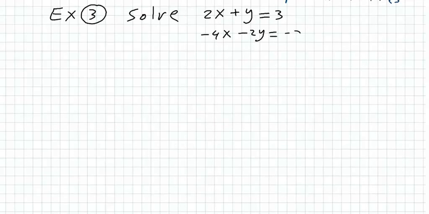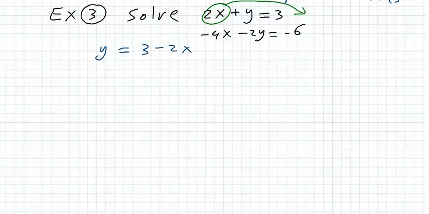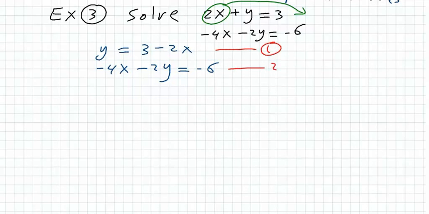We will do the same thing. So our equations are going to be y equals 3 minus 2x. The second one, minus 4x minus 2y is equal to minus 6. This is equation 1. This is equation 2. Substitute equation 1 in equation 2.